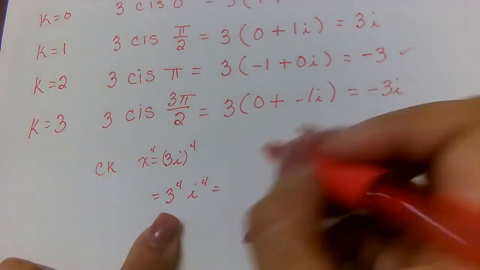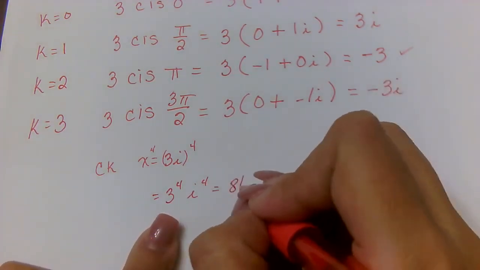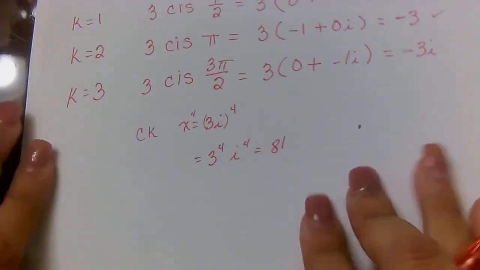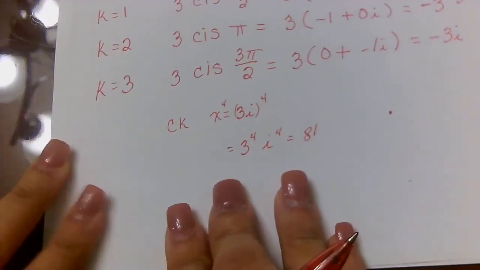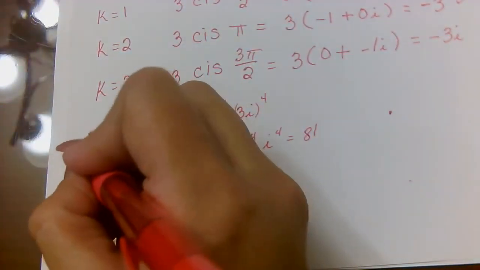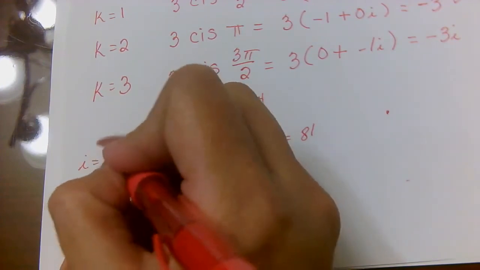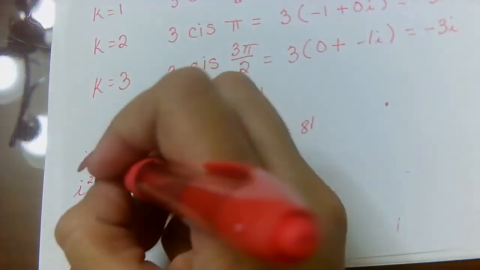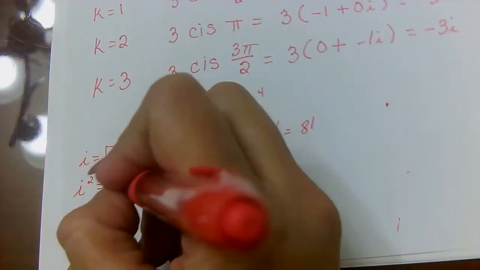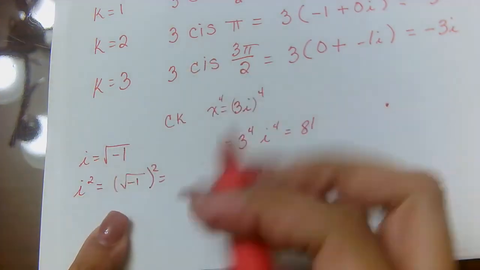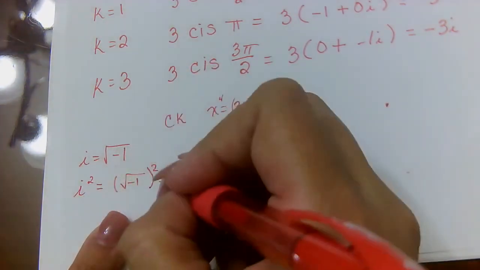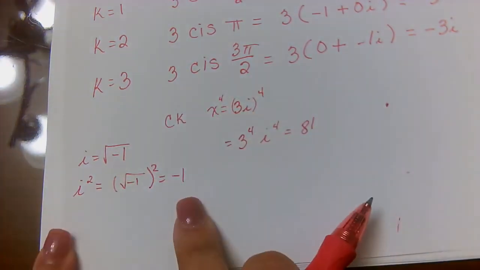Now 3 to the 4th we do know is 81, but what about i to the 4th? Well, if you went back into college algebra, remember we said i is equal to the square root of negative 1. i squared is equal to square root of negative 1 squared, and the square and the square root cancel, so it's just going to equal negative 1.